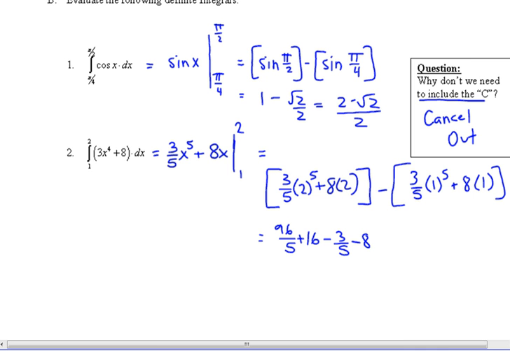So 16 minus 8 is 8, and then 93 over 5. And 8 is 40 over 5, which equals 133 over 5. Who needs a calculator?